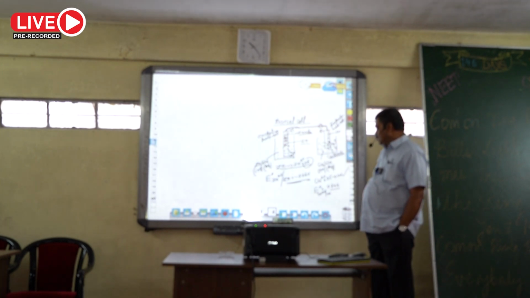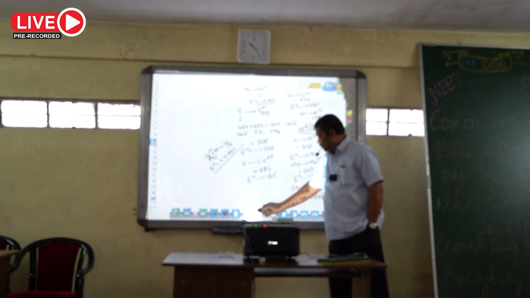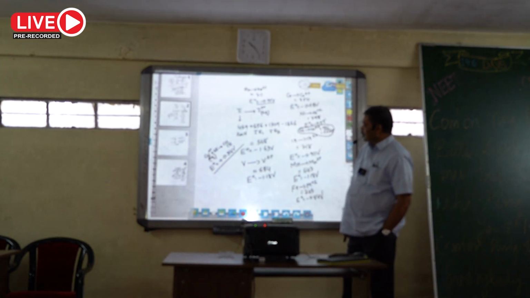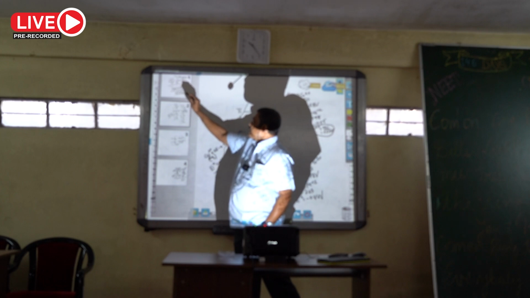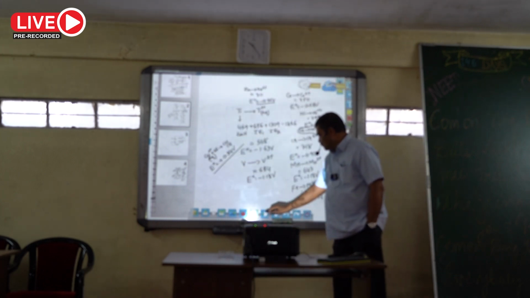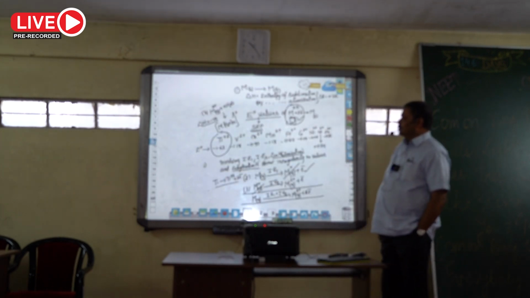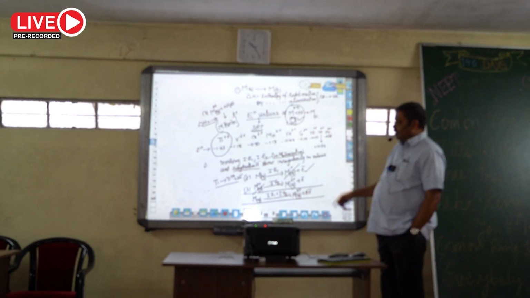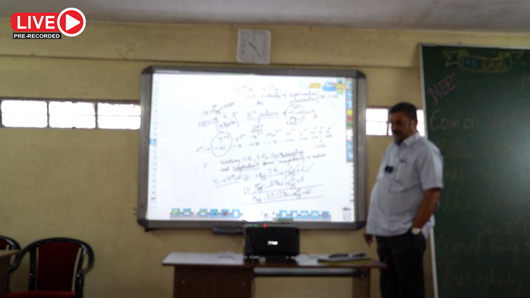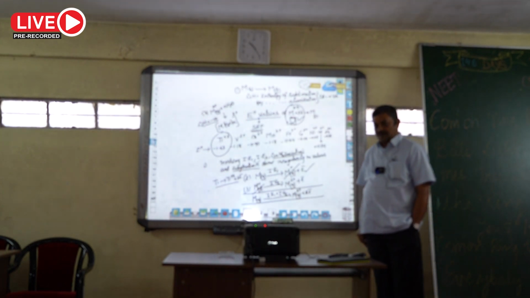So why did I bring this point here? To make you understand that for the negative SRP value, which is also called the E0 value, the greater the negative value, the greater the tendency of the metal to undergo oxidation and act as anode, and easily it undergoes corrosion.